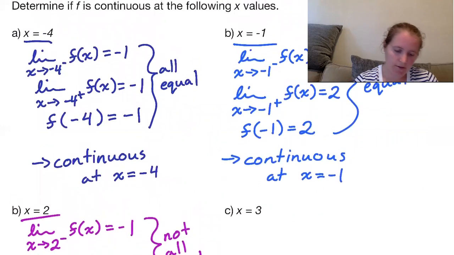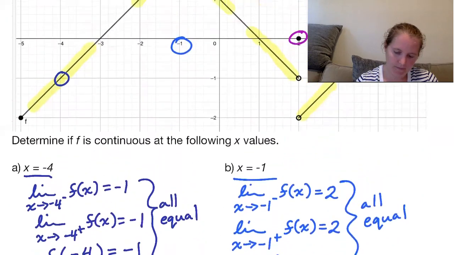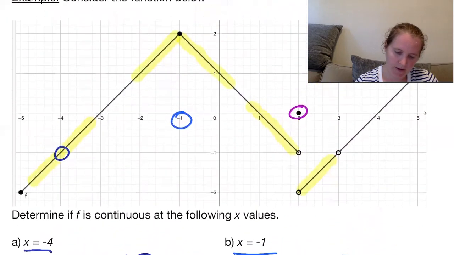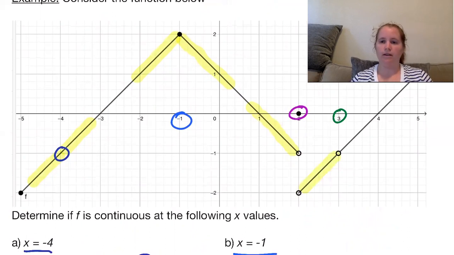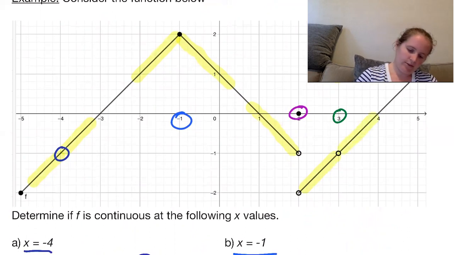Then at x equals 3, so here is our 3. And as we approach from the left, it looks like we are going to -1. As we approach from the right, we are going to -1. But then our function value is 1.